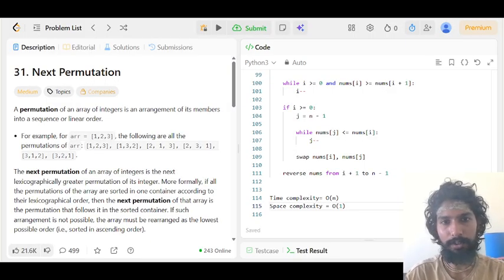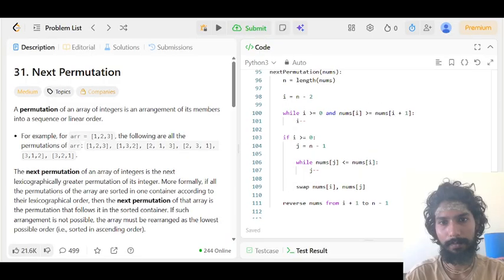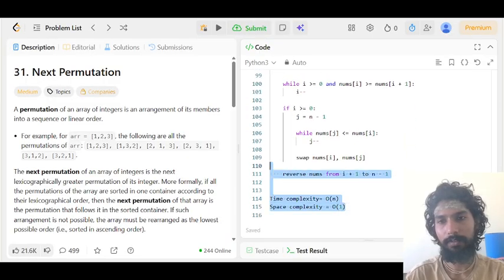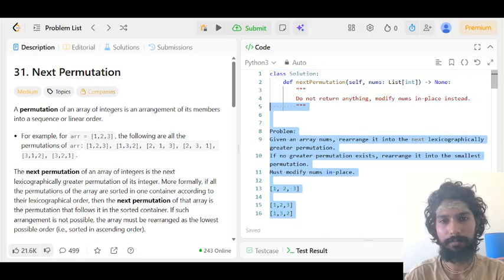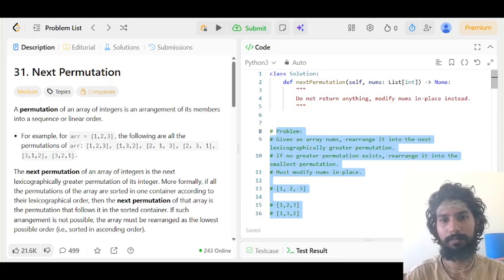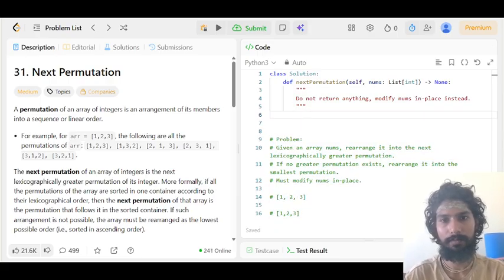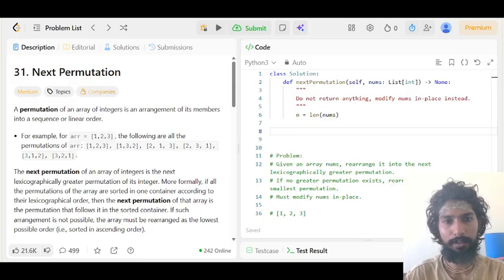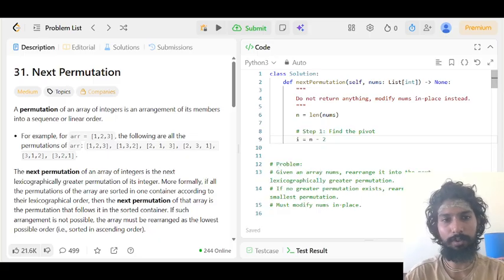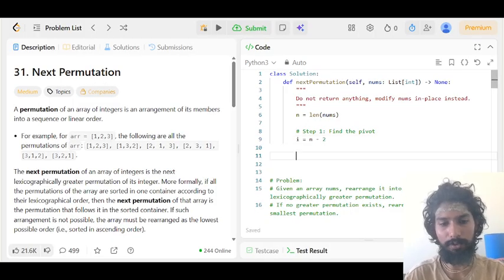Now let's write the Python code. Let me comment this out. So n equal to len nums. Then step 1 is find the pivot: i equal to n minus 2, and the same loop that we wrote in pseudocode.